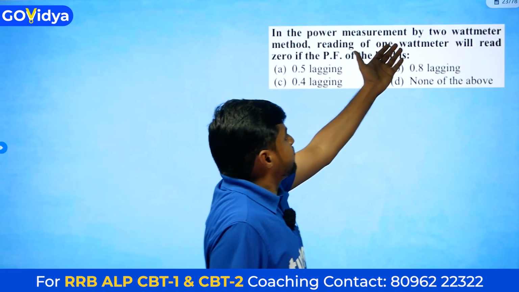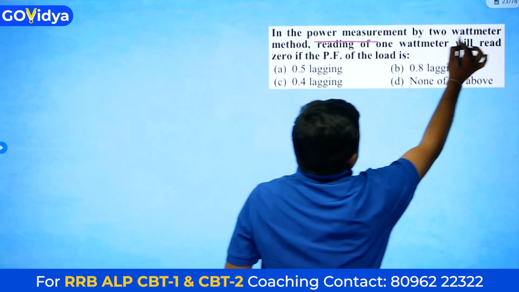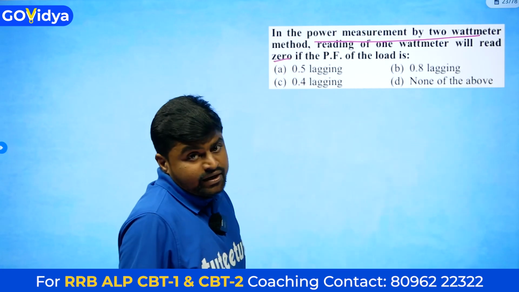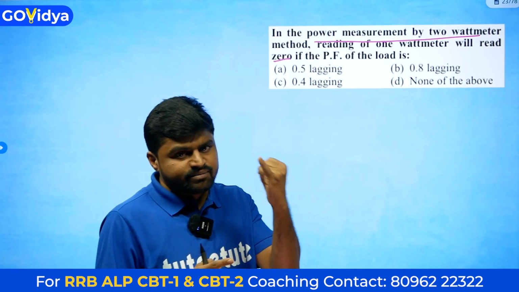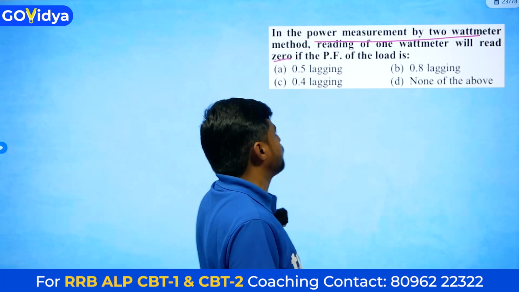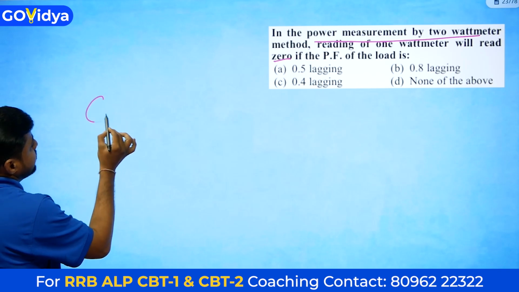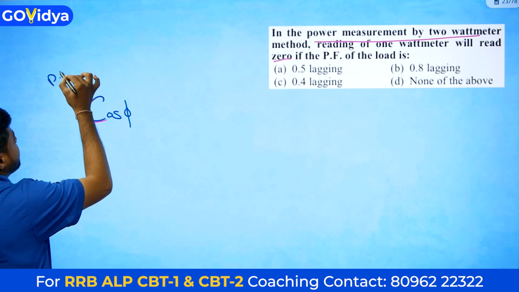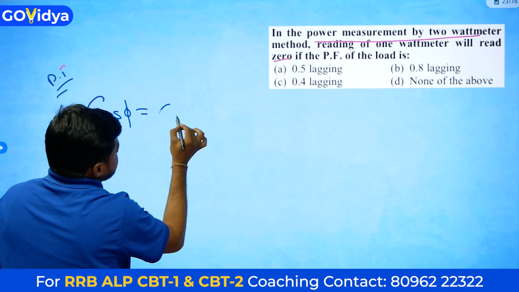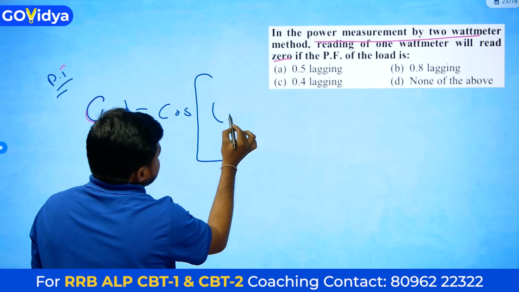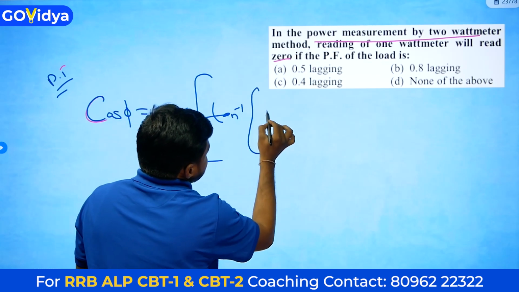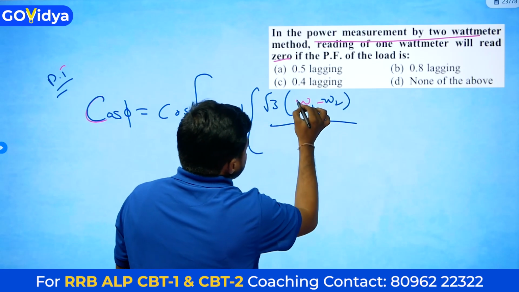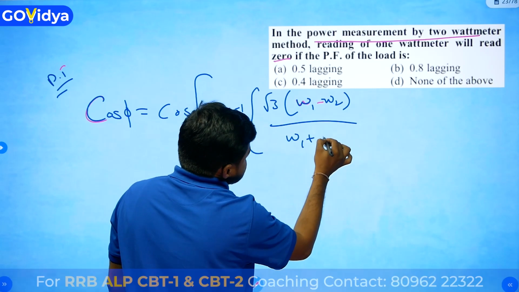In power measurement by the 2-watt meter method, the reading of one watt meter will be 0. Then the power factor of the load is, okay, we have the power factor formula: power factor is equal to cos phi, which is cos of tan inverse root 3 times (W1 minus W2) by (W1 plus W2).